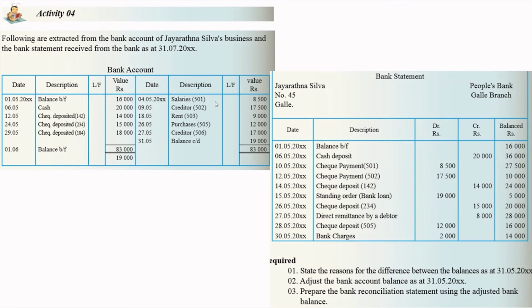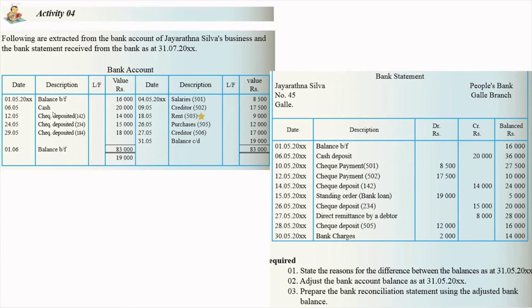And then salaries paid, check number 501, 8,500, it is also recorded. 17,500, check number 502, recorded. Rent 503, is it recorded? No, it is not. So we put a mark to it.